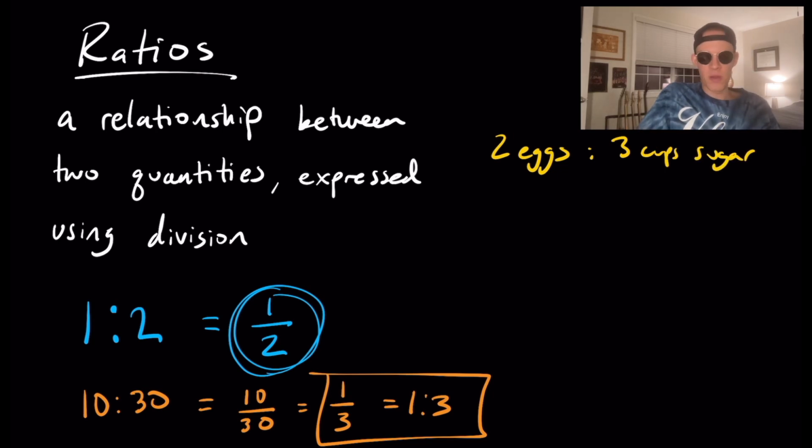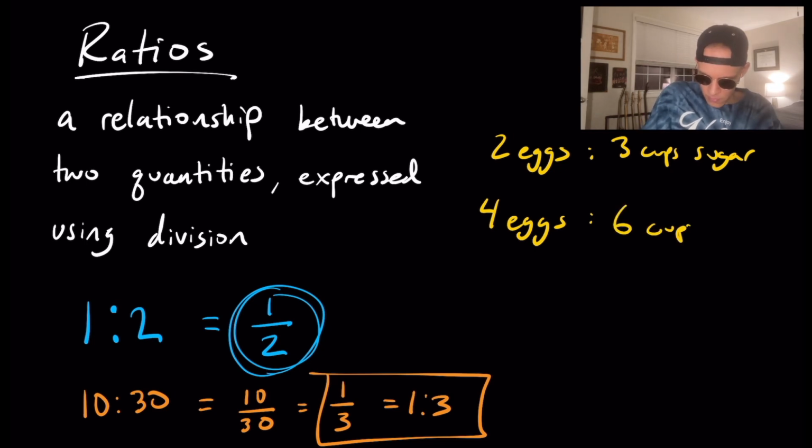Well, let's say you want to make more of whatever it is that you're making, cake or whatever. You're going to feed a lot of people. So what you decide to do is you double the amount of eggs you're going to use. And because you doubled the eggs, you're going to double the amount of sugar. So you're going to have 6 cups of sugar.